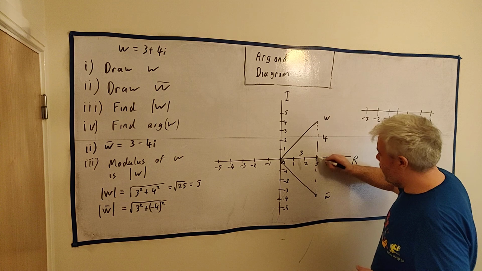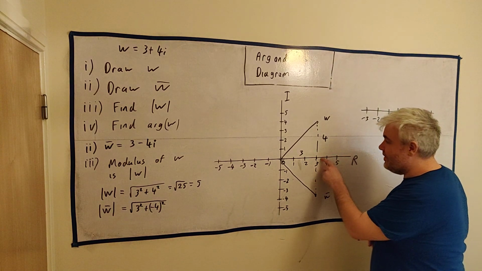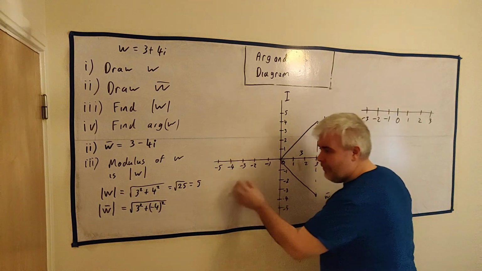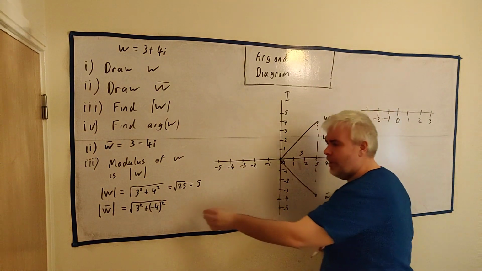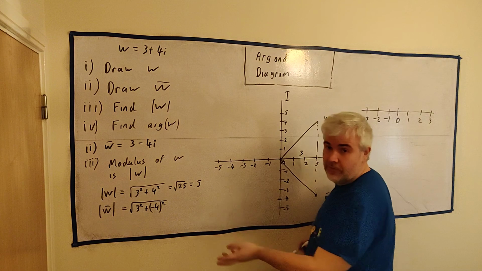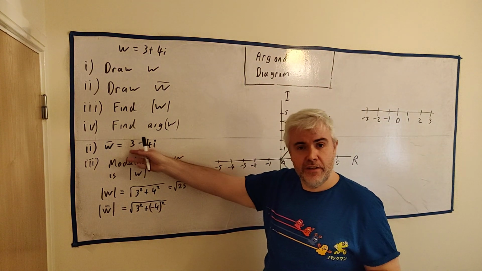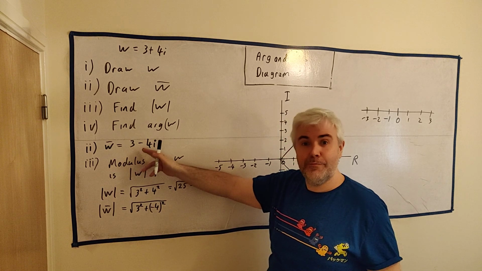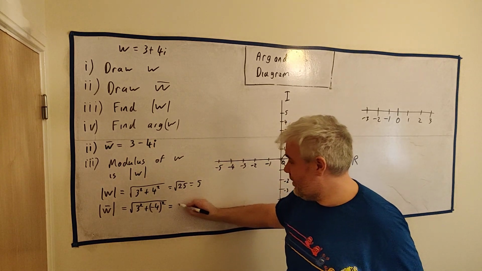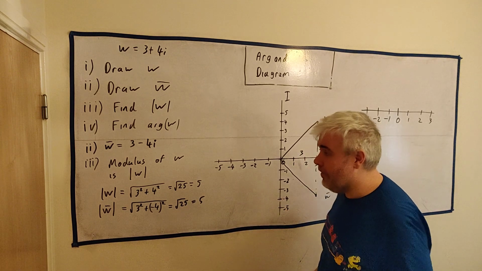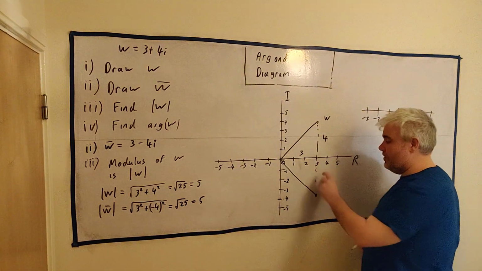We have a different triangle, very similar, that is still 4 high and 3 wide. So if you went geometrically, you might write 3 squared plus 4 squared. But if you went just from the numbers here, you might go 3 squared plus minus 4 squared. But this should still equal the square root of 25, which still equals 5. The modulus of these two are the same.